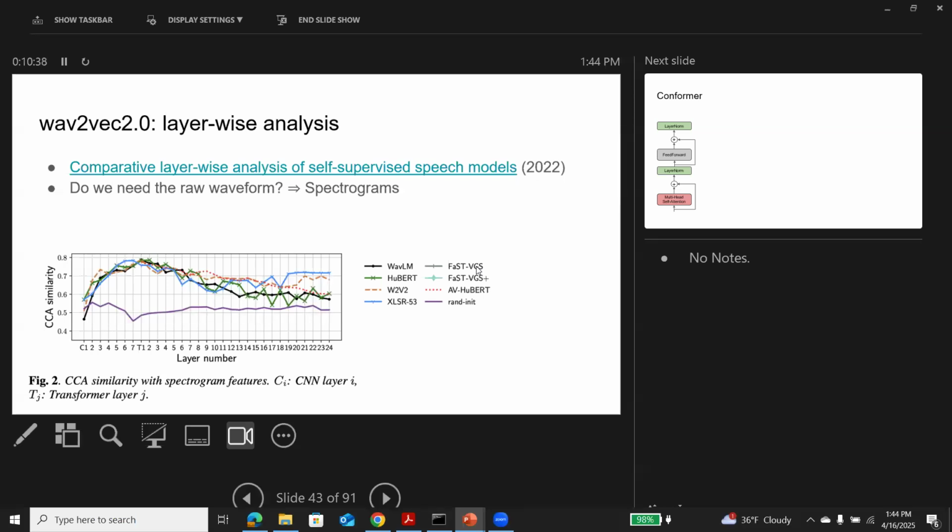As you remember, these models have first several convolution layers, kind of feature extraction, and then transformer layers. And you can see that around the sixth and seventh convolution layer, the similarity with the spectrogram is the highest. And next time, when I talk about voice conversion and show the results with optimal transport, we will actually use the embeddings for audio from the seventh layer of our model.